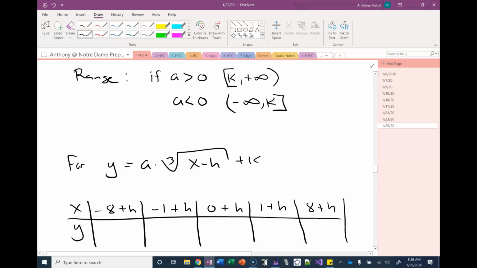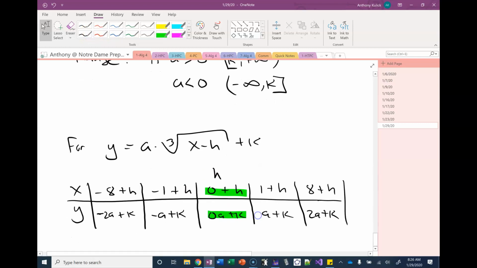These 5 numbers were the 5 perfect cubes that we found before: -8, -1, 0, 1, and 8. And as a result, our numbers here will be different. And again, just like before, 0 plus h is really just h, and 0 times a plus k is really just k.